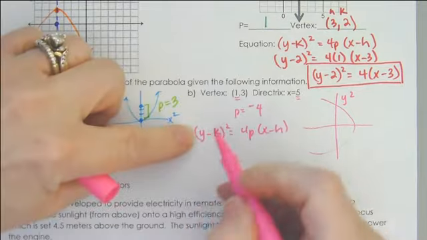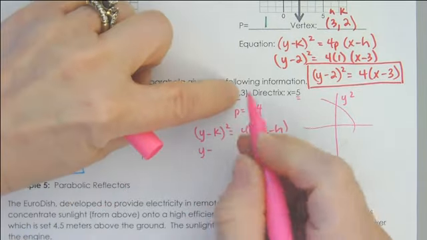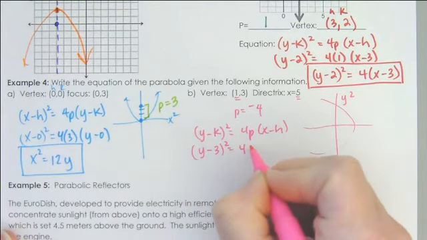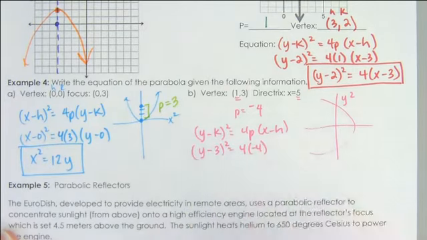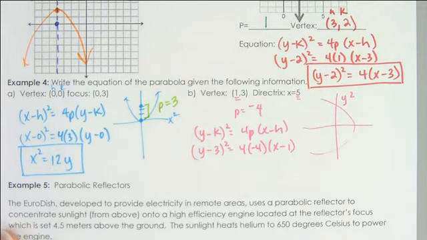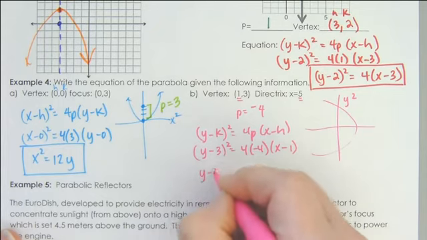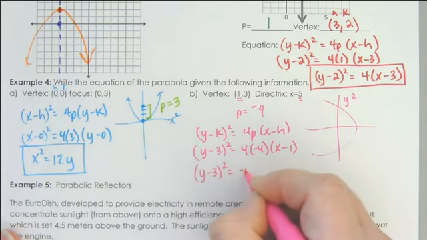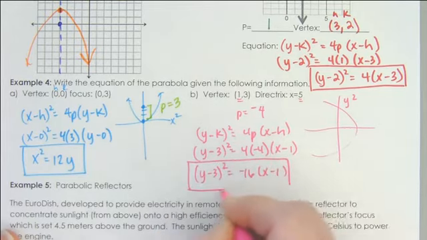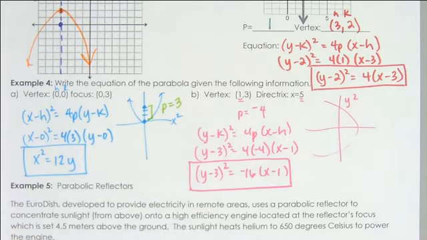It's y minus my k value, the y value from the vertex, squared, equals 4 times my p, which is negative 4, times x minus the x value of the vertex. And then just simplify. So I've got y minus 3, all of it squared, is equal to negative 16 times x minus 1. These really should not be a lot of work. It's just a matter of plugging in the right numbers.